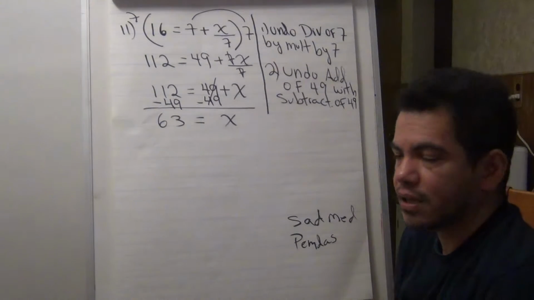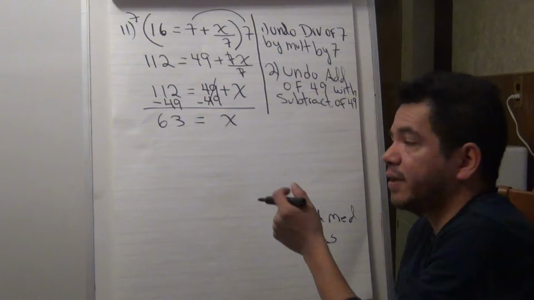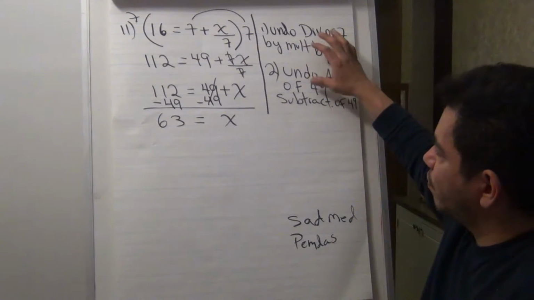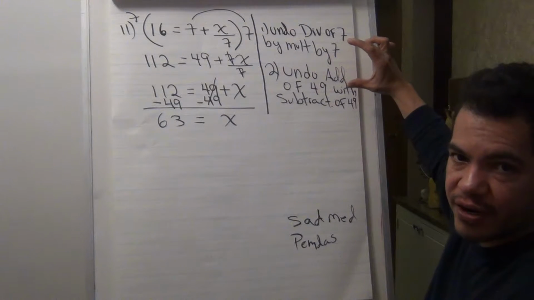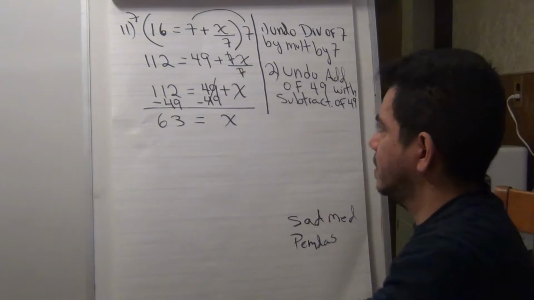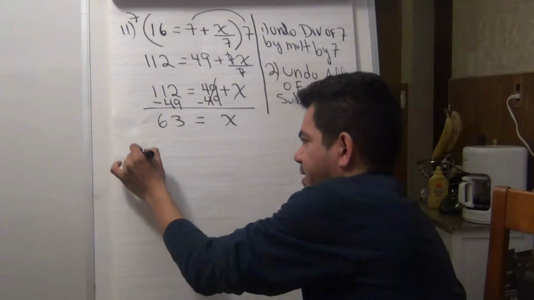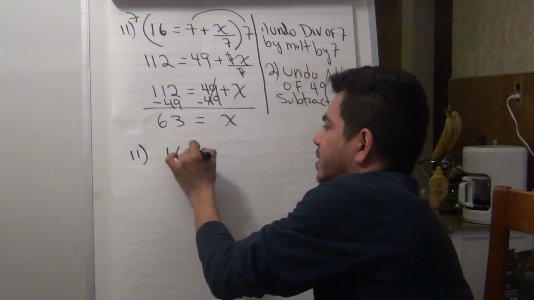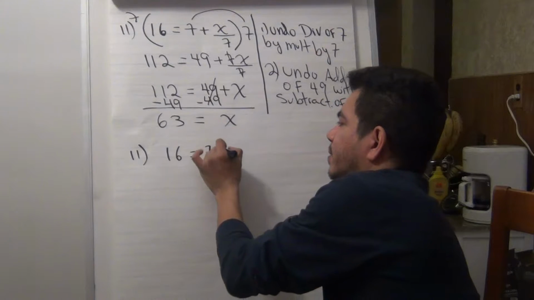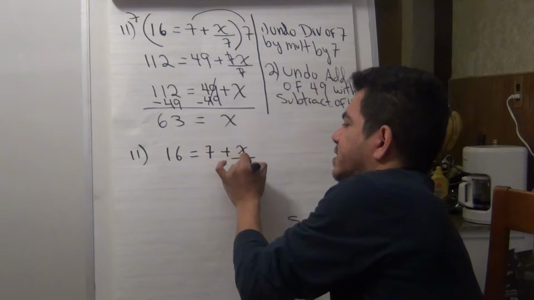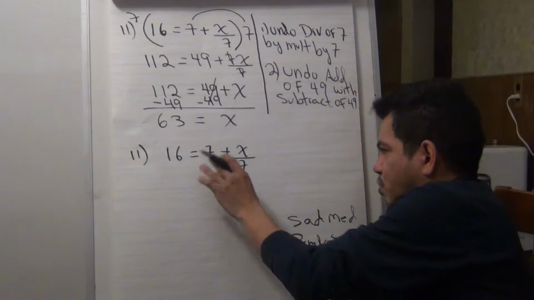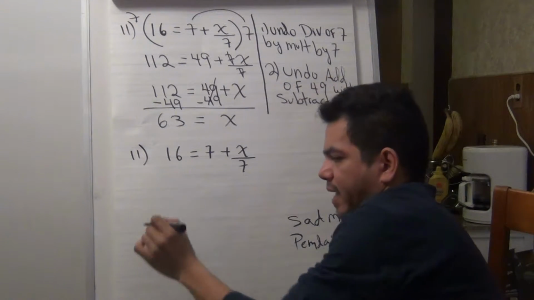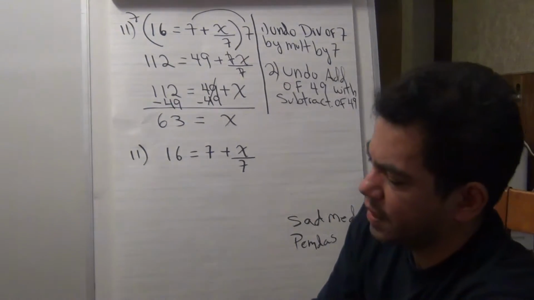Fine, let us do the same problem, but using the real academic vocabulary, okay? So still number 11, we have 16 equaling 7 plus x over 7. So I have to rewrite this, and I'm gonna use a different ink.